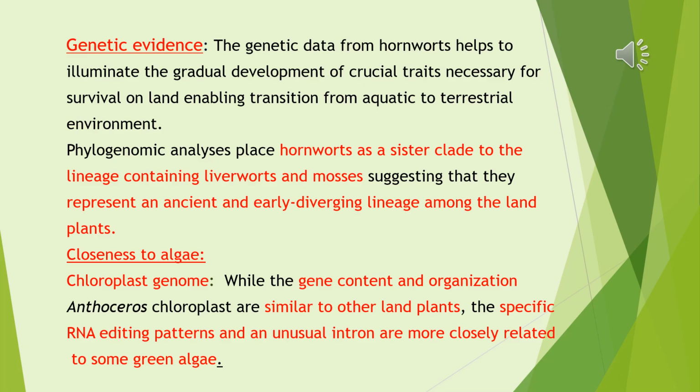So what does it say? That the gene content and general genetic organization of the chloroplast genome of Anthoceros are similar to land plants, but the specific RNA editing patterns and one unusual intron are closely related to some green algae.